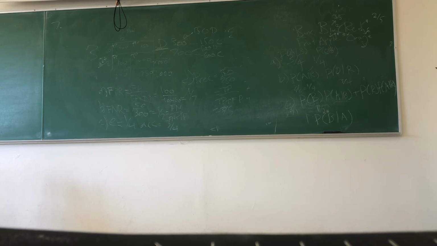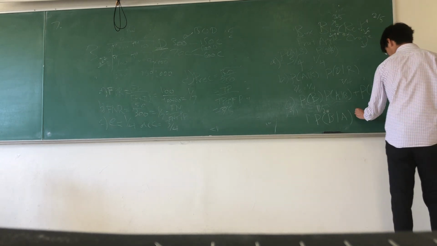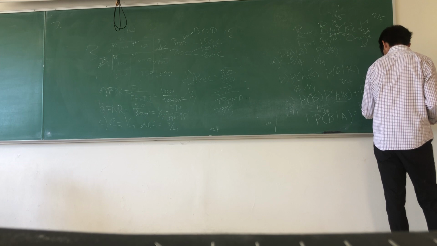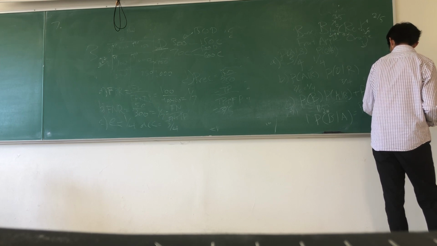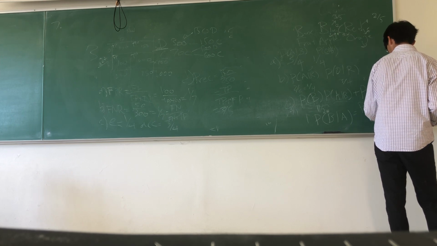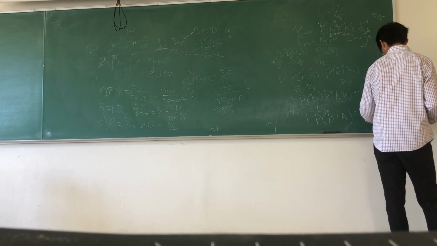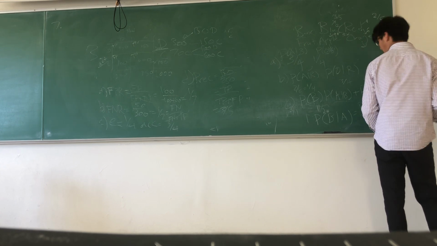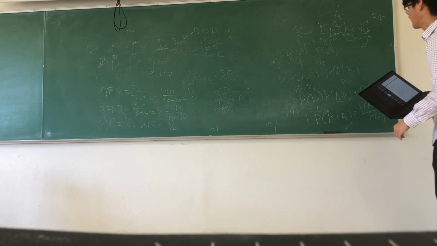I think this is where you use Bayes' theorem, and you can rewrite it as probability of apple given blue times probability of blue, over probability of apple. That's exactly right.